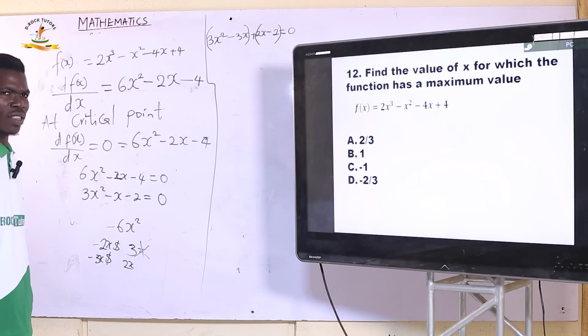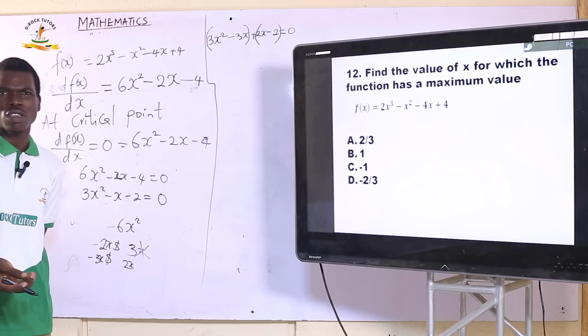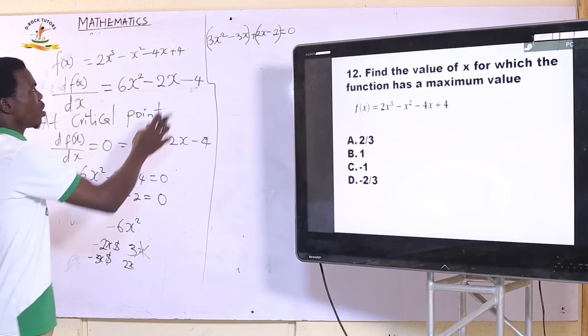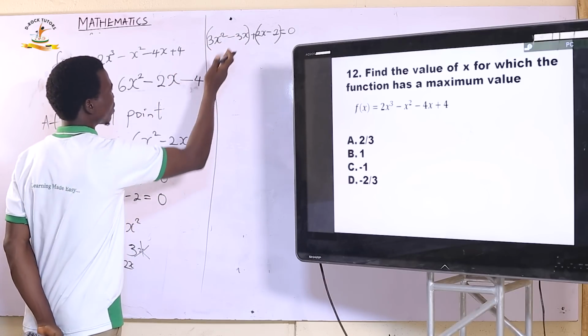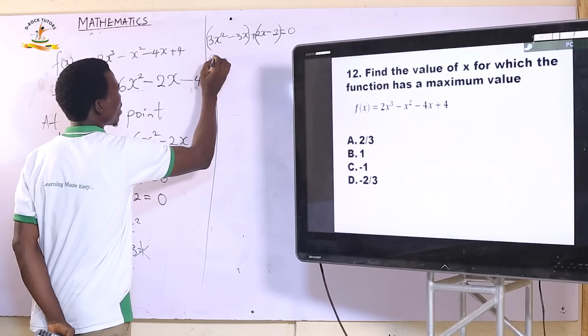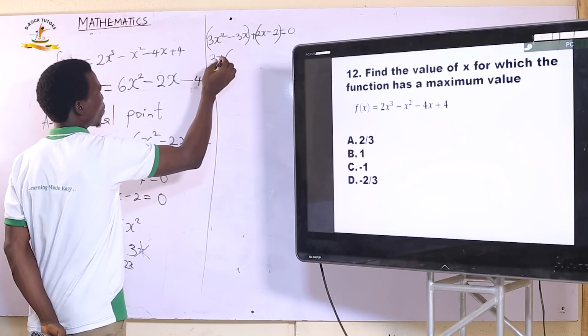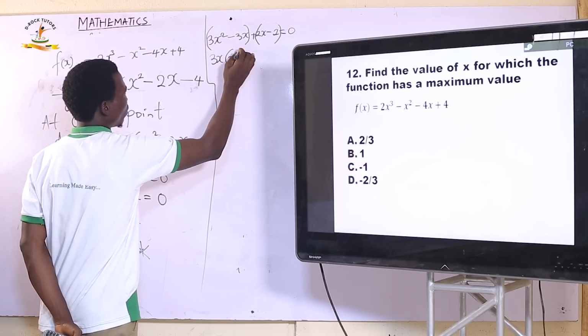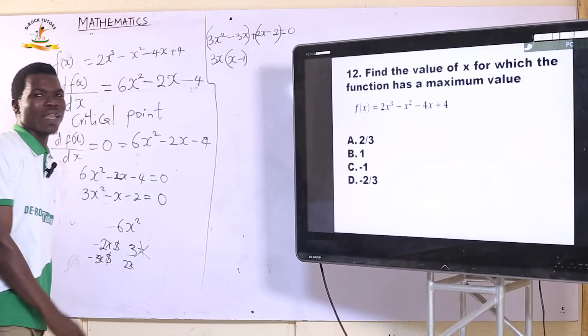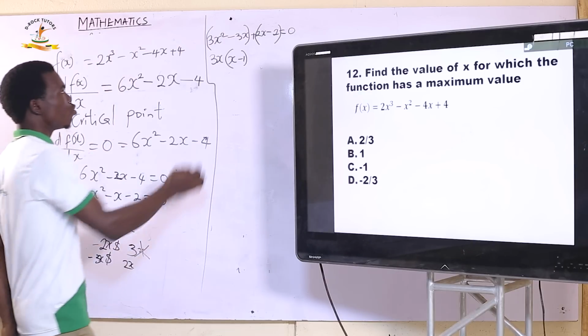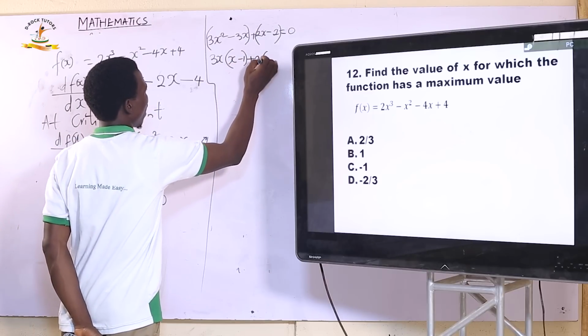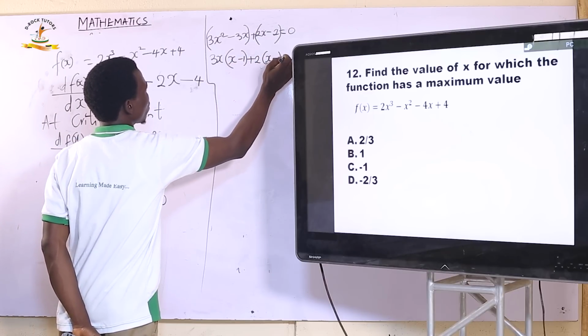Here I can factorize. Factorization means bringing out what is common. What is common to 3x squared and 3x is simply 3x, and what do I have left? I'm going to have x minus 1. And what is common to 2x and minus 2? It is simply 2. So I write plus 2, and I still have x minus 1 equals 0.